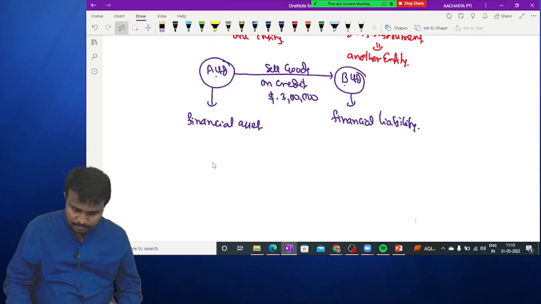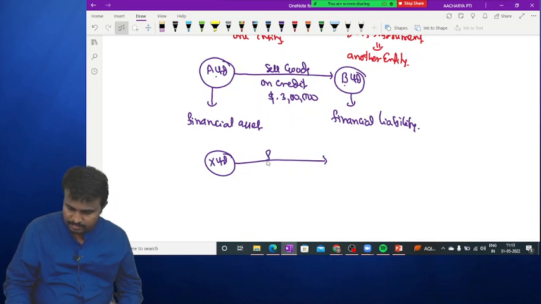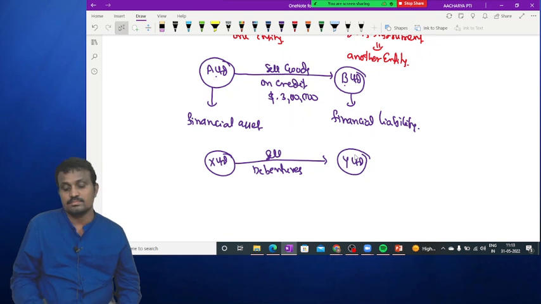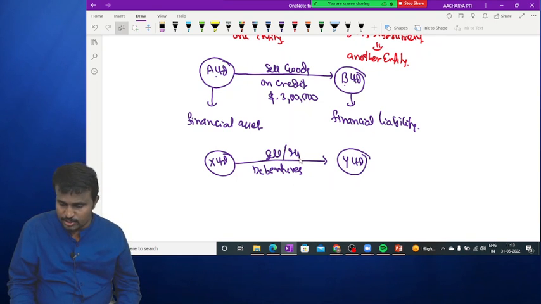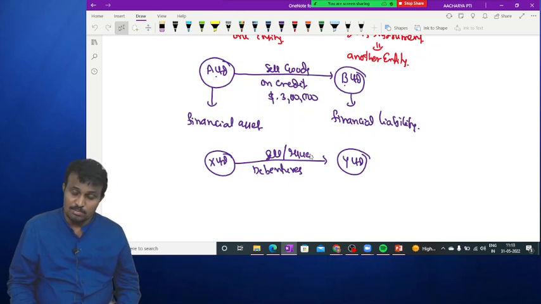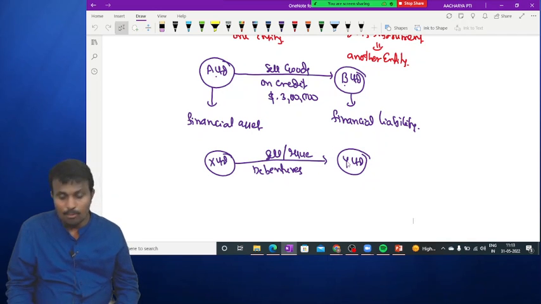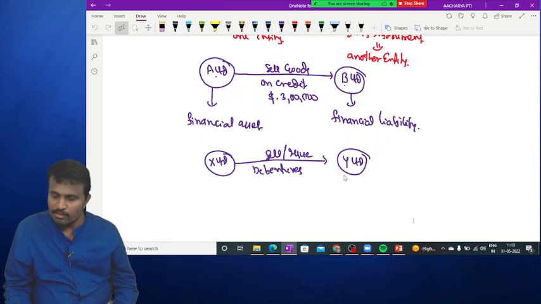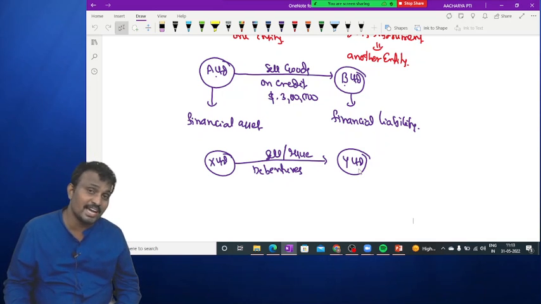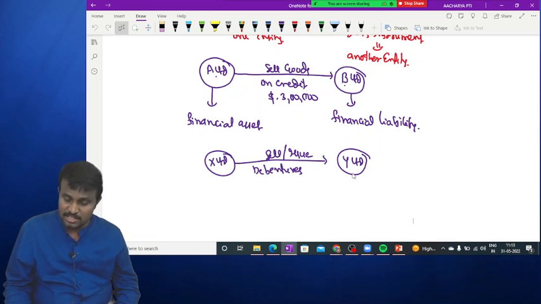For example, X Limited sells or issues debentures to Y Limited. Who purchased the debentures here? Y Limited purchased the debentures. So for Y Limited it will become an investment, and it is going to receive cash or assets or other benefits in the future.